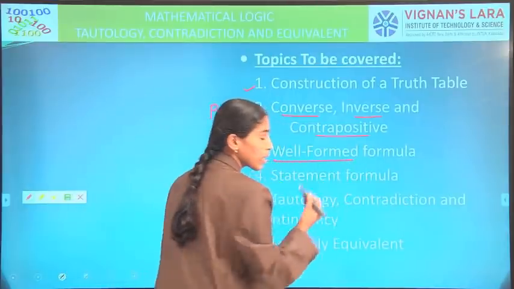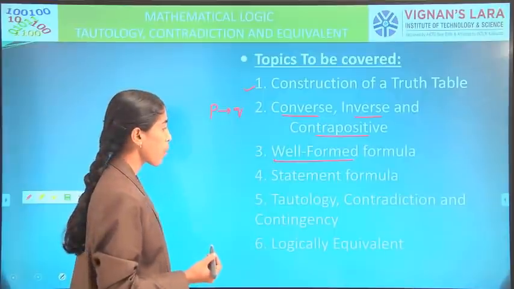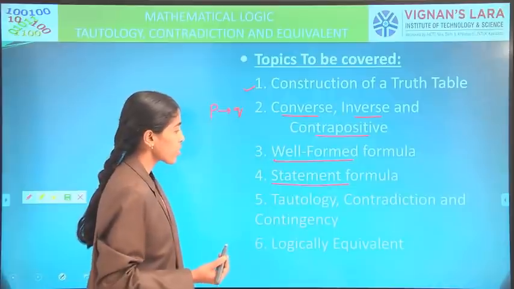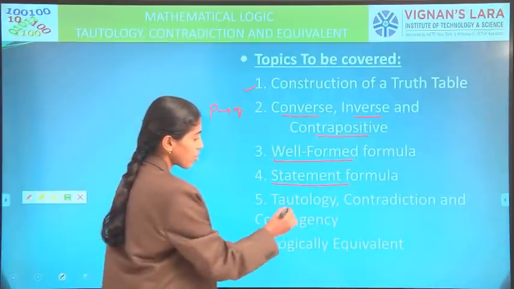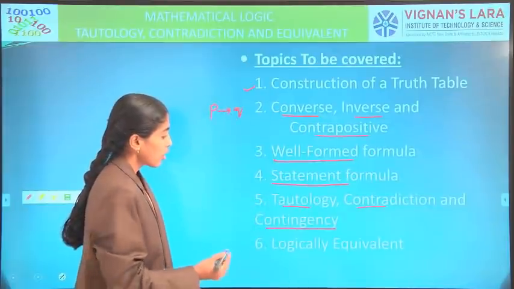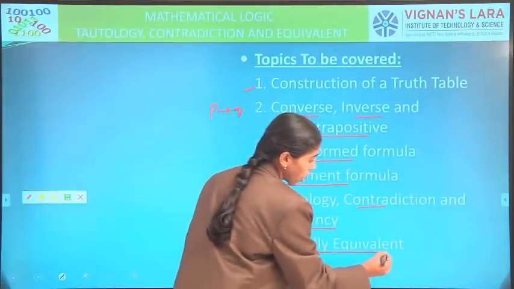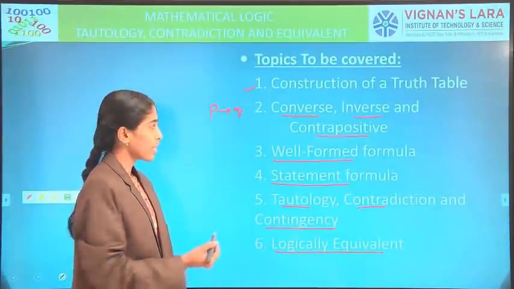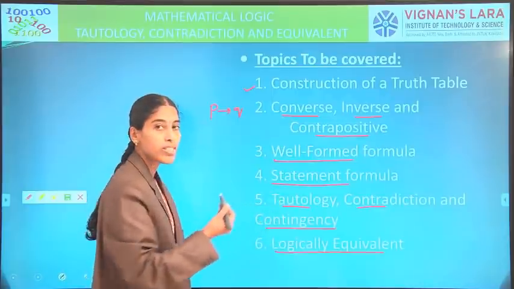When do we say that a proposition is a well-formed formula, and what is meant by a statement formula. Next we see the concepts of tautology, contradiction and contingency. Then when do we say that two formulas are logically equivalent using the truth tables. In this class we will discuss all these concepts.